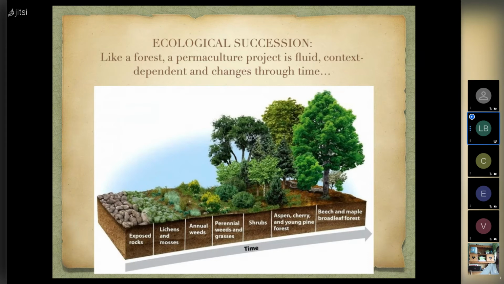Nature is always trying to develop and grow the ecosystem and carry on this process of succession. But if we're constantly chopping stuff down and replanting the same stuff, we're almost holding it back from becoming itself. So in permaculture, there's always an awareness of ecological succession, and also of the different roles of plants and animals in the ecosystem, making sure that those roles are allowed to be expressed and developed.